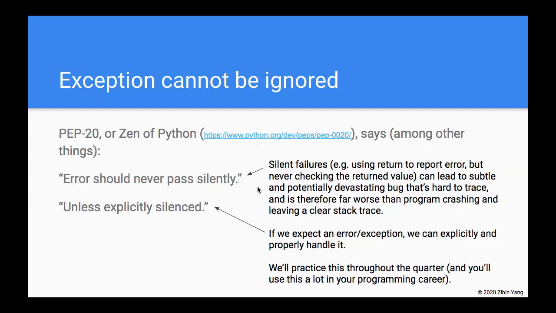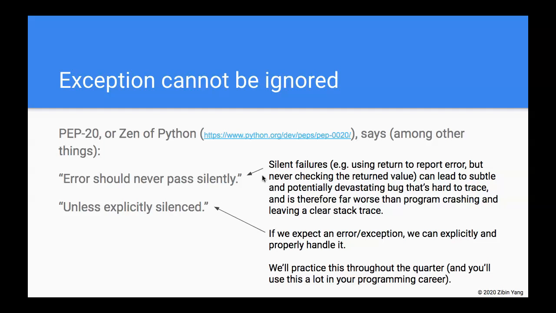It says quite a few things about the design philosophy of Python, the language itself, and what Python programs should do. Two of the things it says is that errors should never pass silently unless explicitly silenced. I hope you kind of get an idea what it means now.